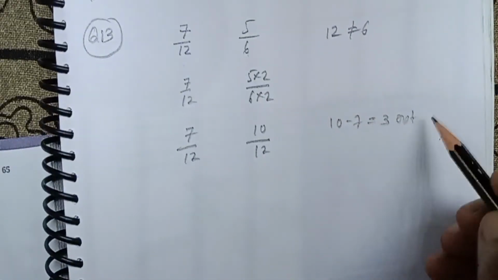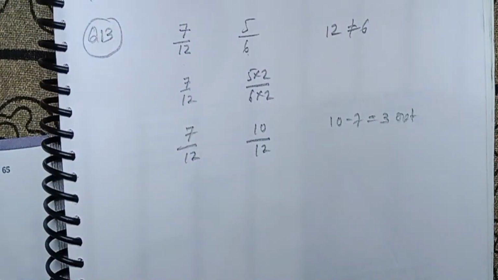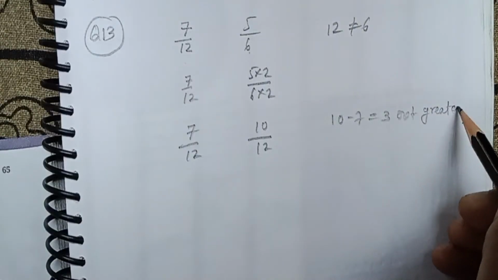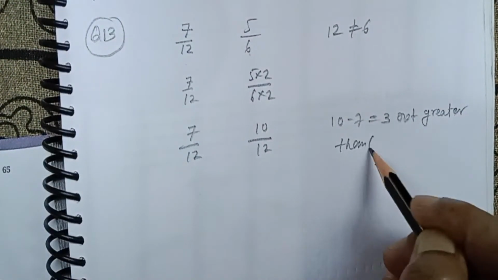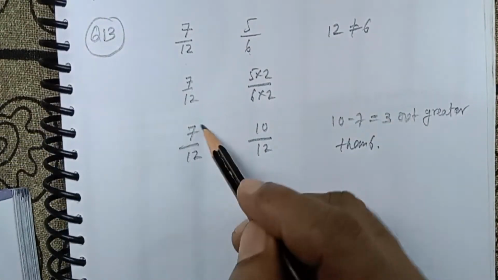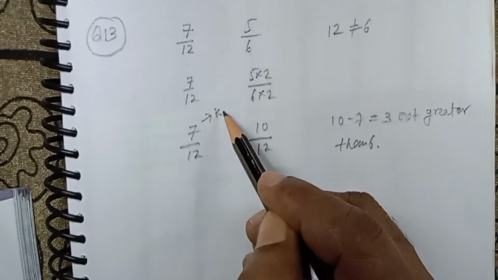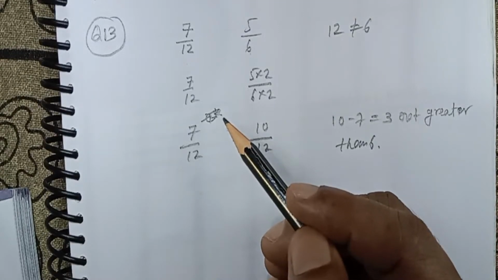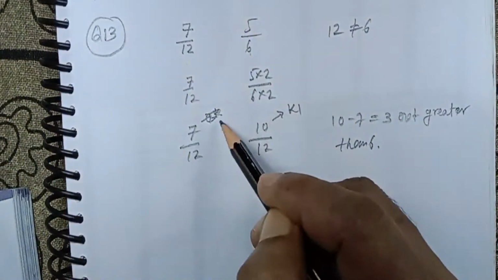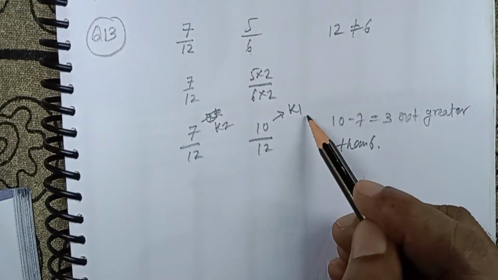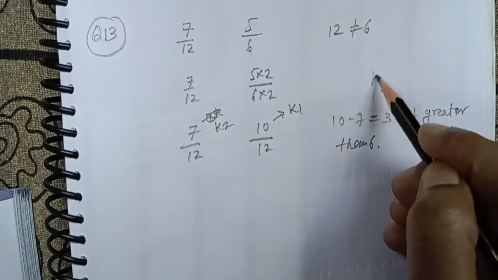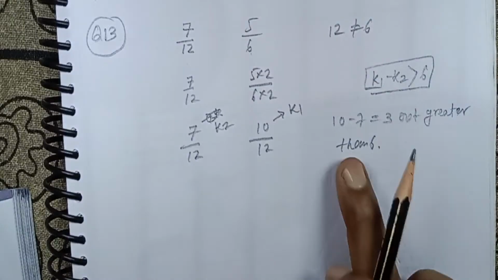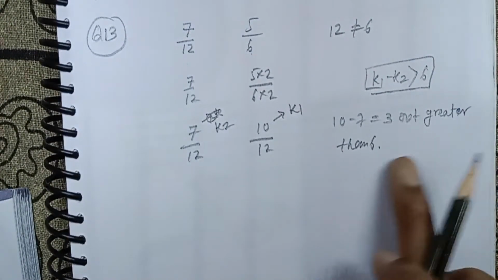Not greater than 6, because this will be K1, the greater one K1, this one K2. K2 minus K1 should be greater than 6. But 10 minus 7 will be 3, not greater than 6.